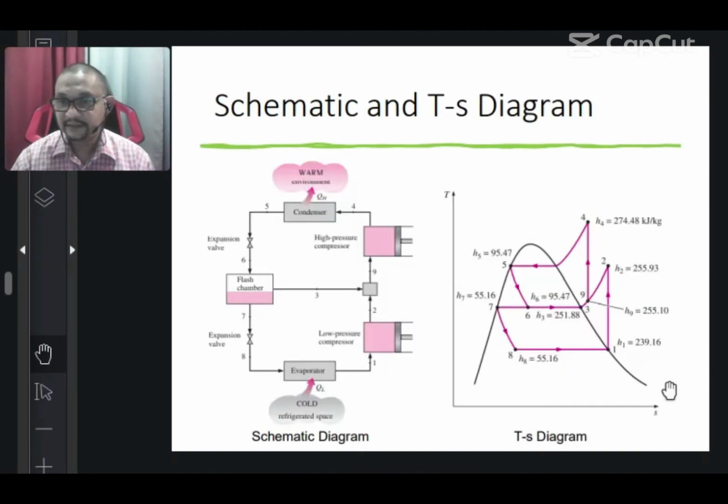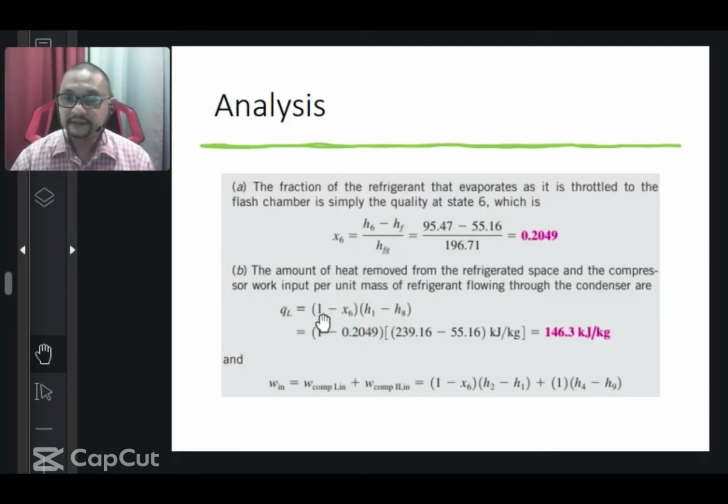Go back to the T-s diagram, h1 and h8 are at the evaporator, that means the refrigerated space. So QL, you want to find in this device. QL is equal to 1 minus x6, and you know the fraction x6. One is 100% fraction, so put in all the h1, h8 and x6 values, then you will get the answer for the specific heat, QL, equal to 146.3 kilojoule per kg.